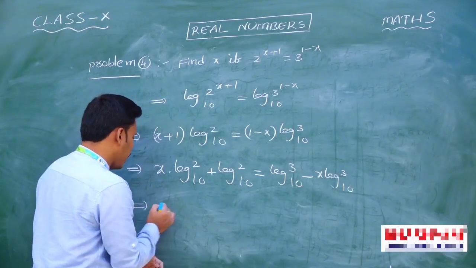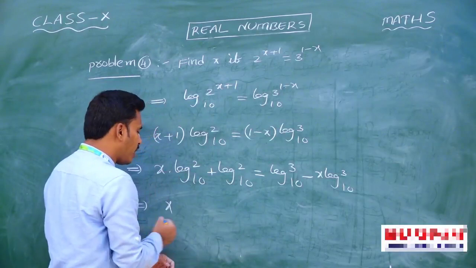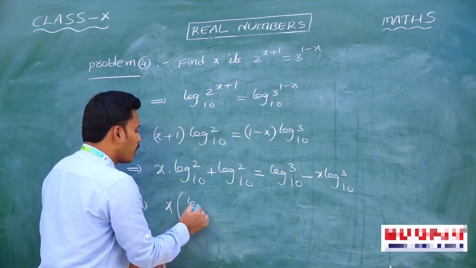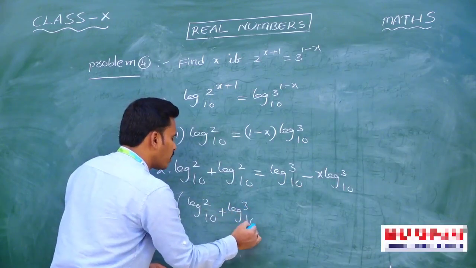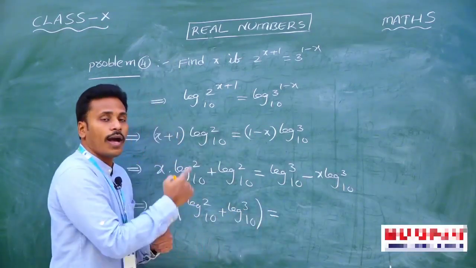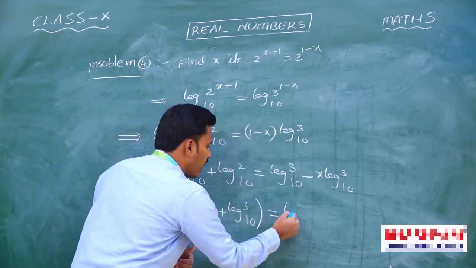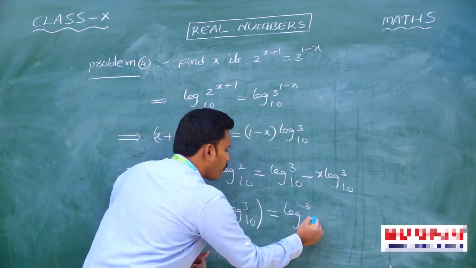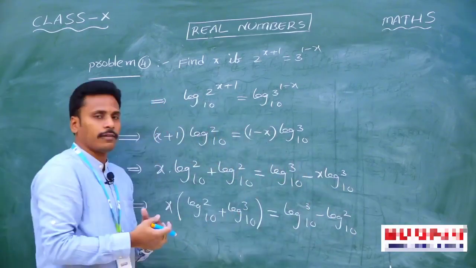So that implies x log 2 base 10 is here. If you send it to the left side, x is a common term. So x times log 2 base 10 plus log 3 base 10 is the left side. Whereas on the right side, log 3 base 10 is there, and sending log 2 base 10 to that side, it becomes logarithm of 3 base 10 minus logarithm of 2 base 10.